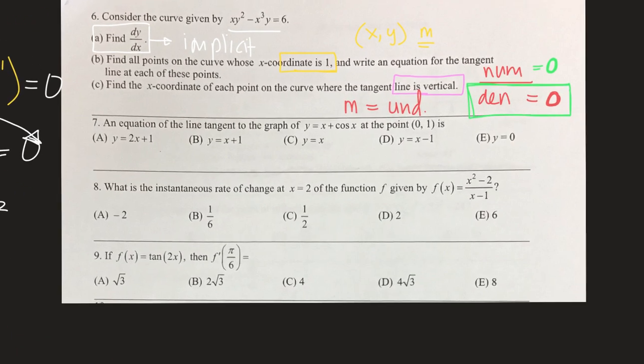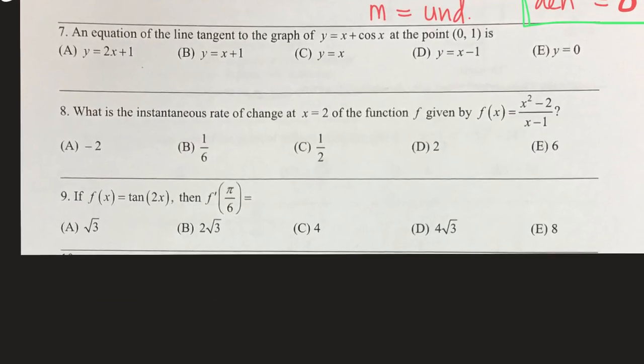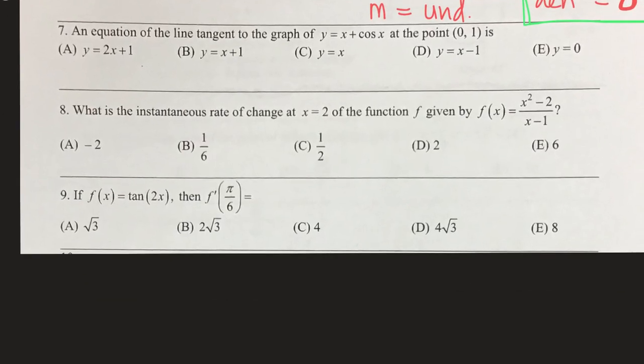Number 7 says, write an equation of the tangent line to the graph of x plus cosine x at (0, 1). So they give you the x value, they give you the y value, you need to figure out what your slope is. Your slope comes from your derivative. So what's the derivative of x plus cosine x? The derivative of x is 1, and the derivative of cosine is negative sine.